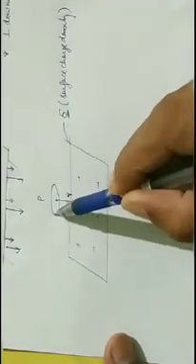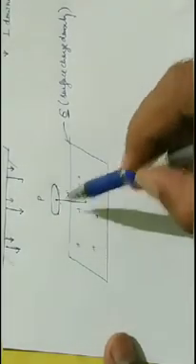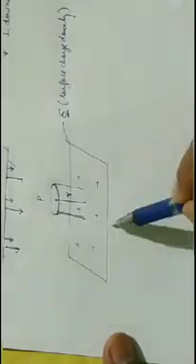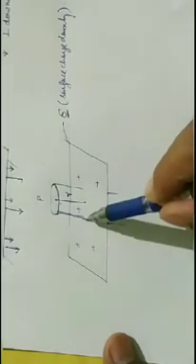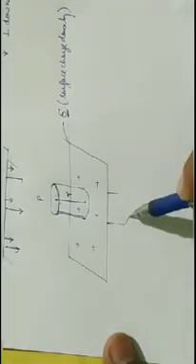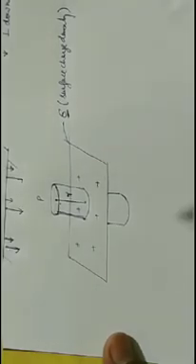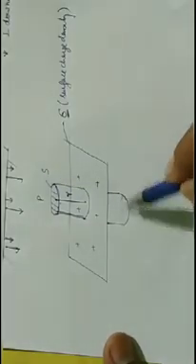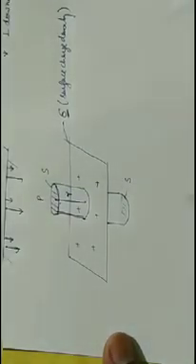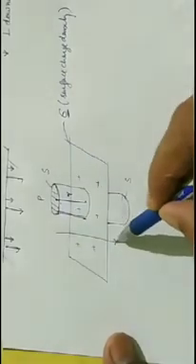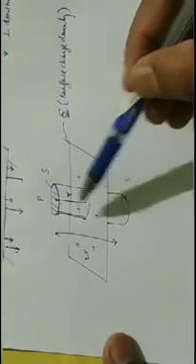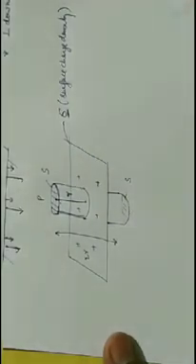I draw a cylindrical surface which is cutting this sheet, having cross-sectional area S on both sides, and length equal to 2r, that is r upward and r downward. So this is our closed Gaussian surface.